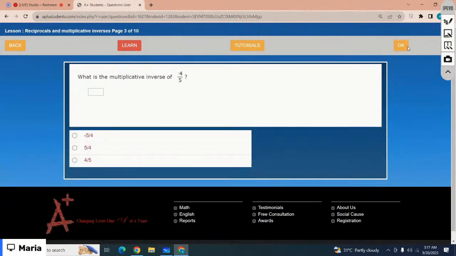Okay, what is the multiplicative inverse of negative 4 over 5? Which is the correct option?